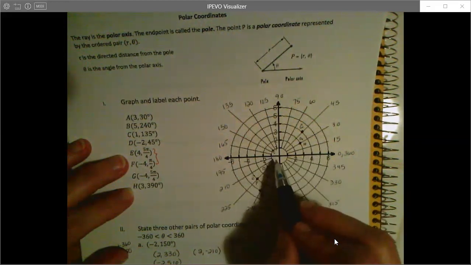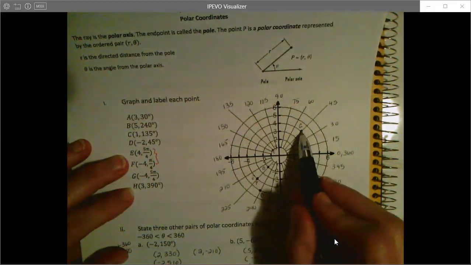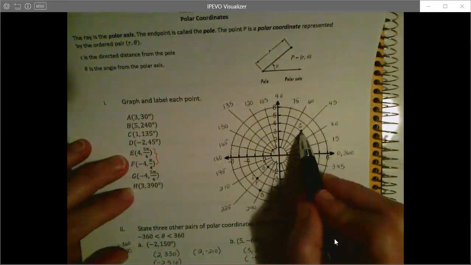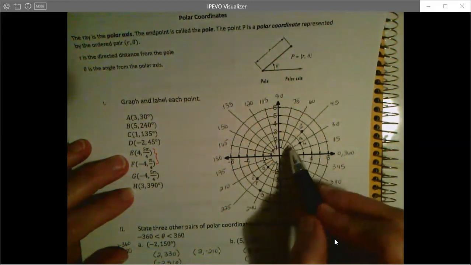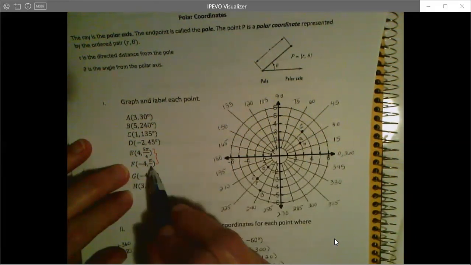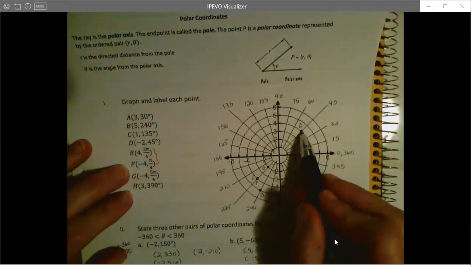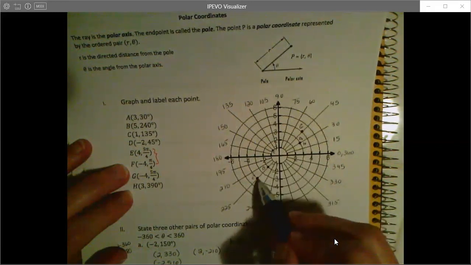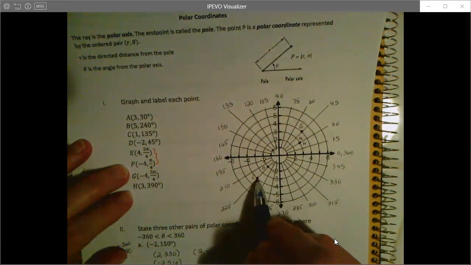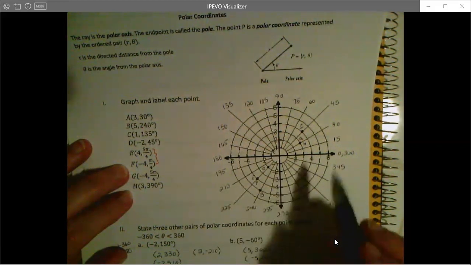Another way of thinking about it is that I could have gone to pi over 4, and then gone backwards 4. I'm rotating to pi over 4, and then instead of going a positive direction, I'm going in a negative direction to negative pi over 4. So that's a way to think about it. We're going to talk about that more down here.